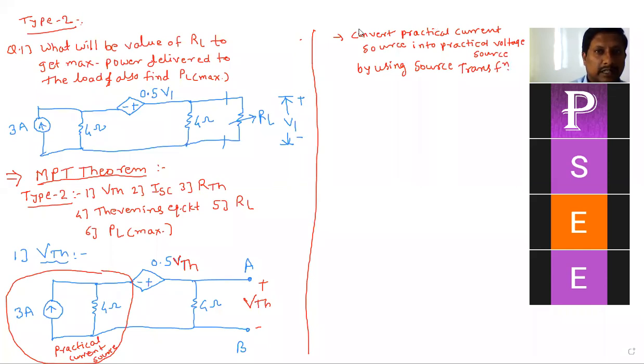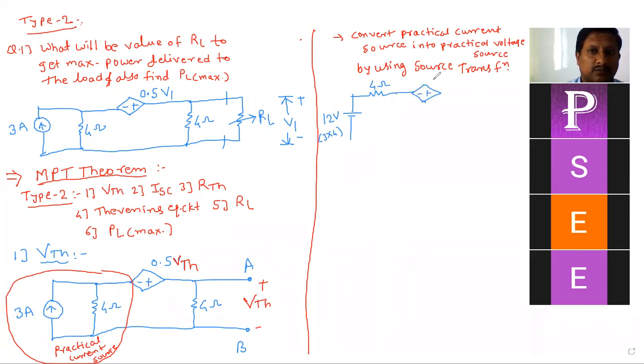After that, there will be a modification like this. 3 ampere multiplied by 4 is 12, so 12 will be the voltage. 12 volt, 3 into 4. The resistance will change position, but the value remains 4.